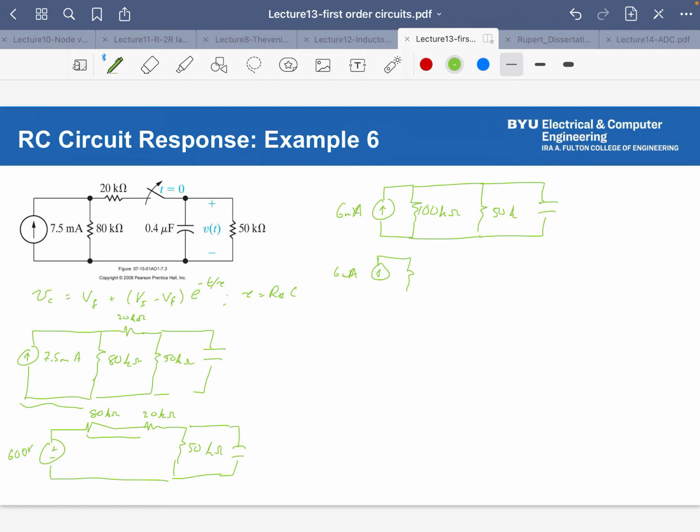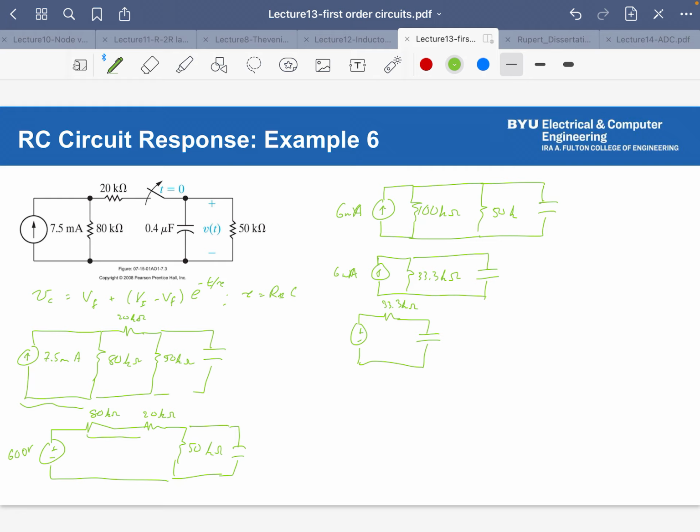And so we have 50 times 100 divided by 50. So this should be 33.3 kilo ohms. We have our capacitor. And then we do a final source transformation. 33.3 kilo ohm. And this guy is 6 milliamps times 33.3 kilo ohm.